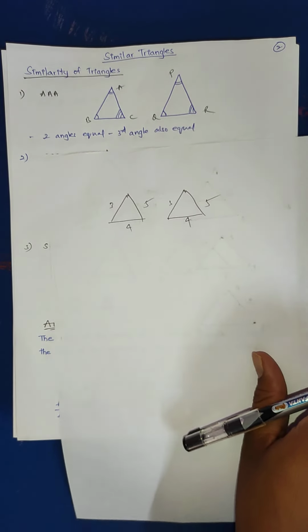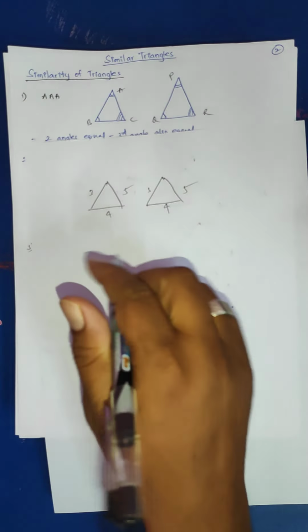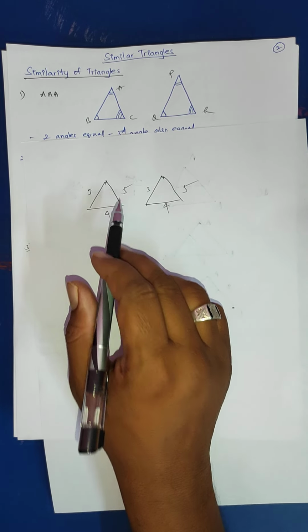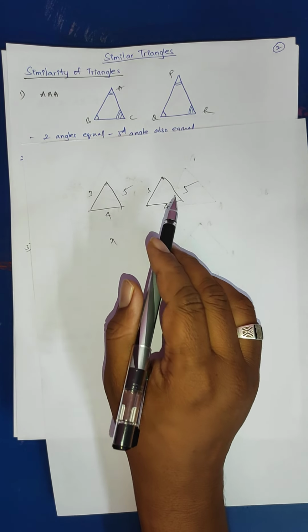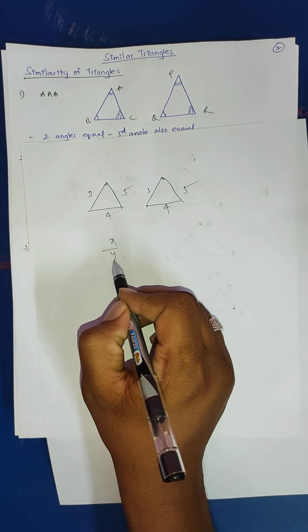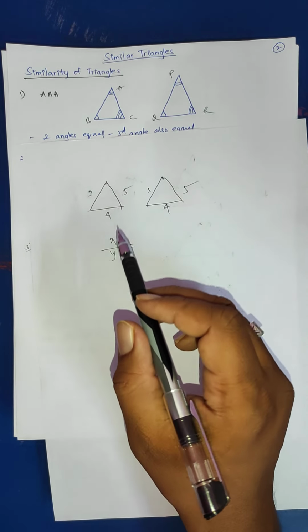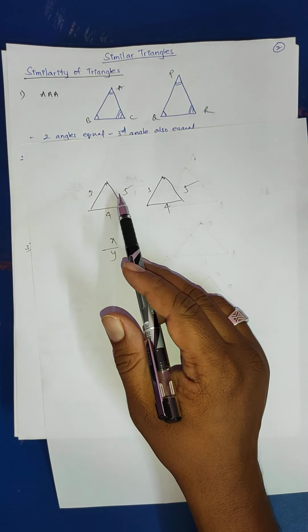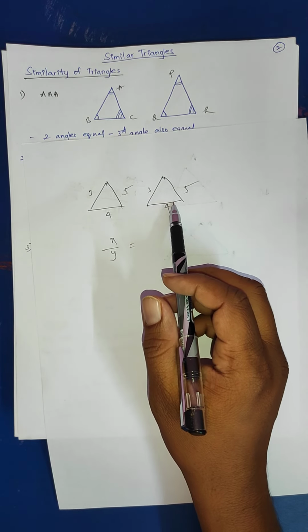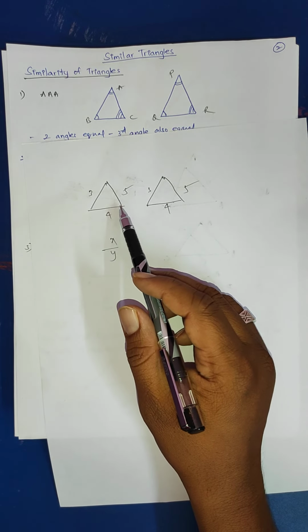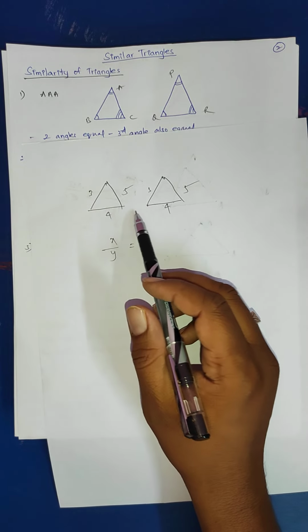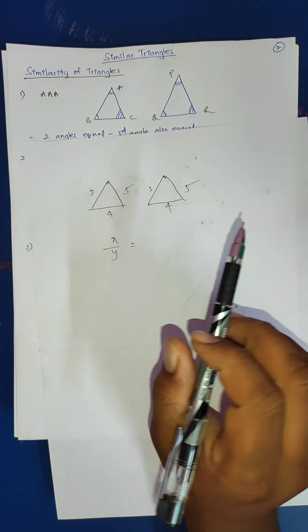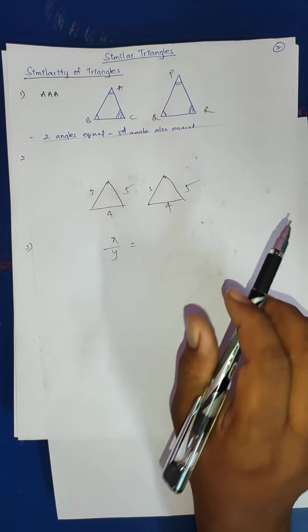For example, this triangle's area is X, this triangle's area is Y. The ratio of the areas of the first triangle to the second triangle is equal to the square of the corresponding sides ratio.